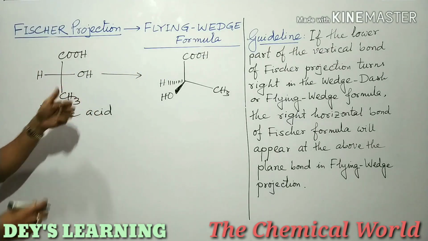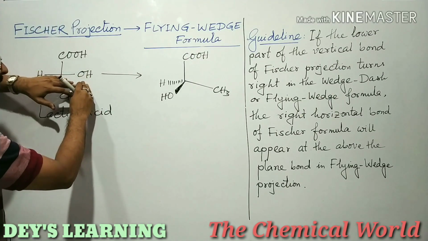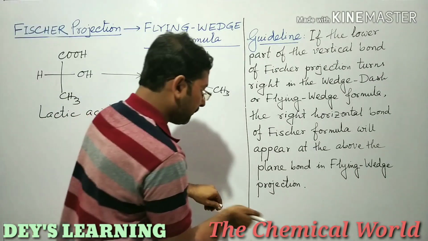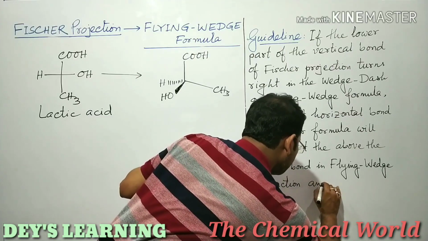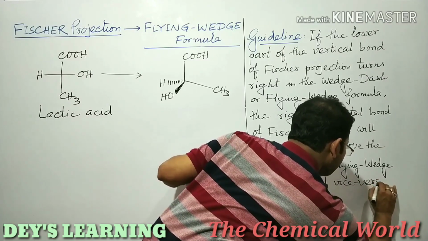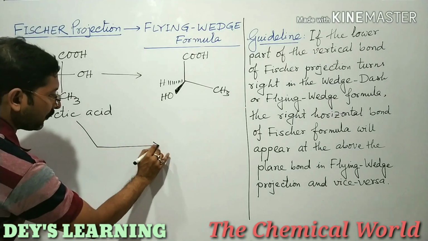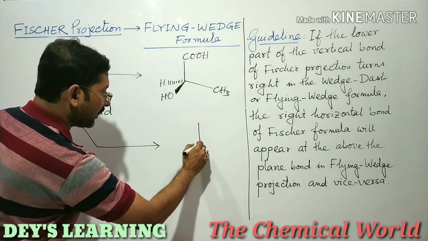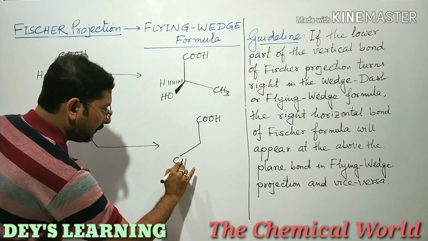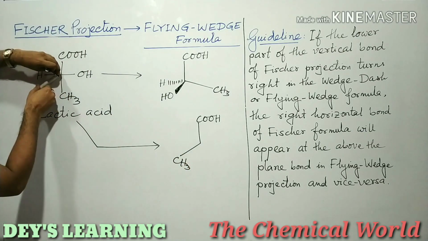In this way, we can convert the Fischer projection formula into Flying-Wedge formula. There is one chiral carbon. If the lower part turns right, the right horizontal bond will appear at the above the plane bond, and vice versa. Look at here. If we want to represent the molecule in this way, now the lower part of the vertical bond turns left.